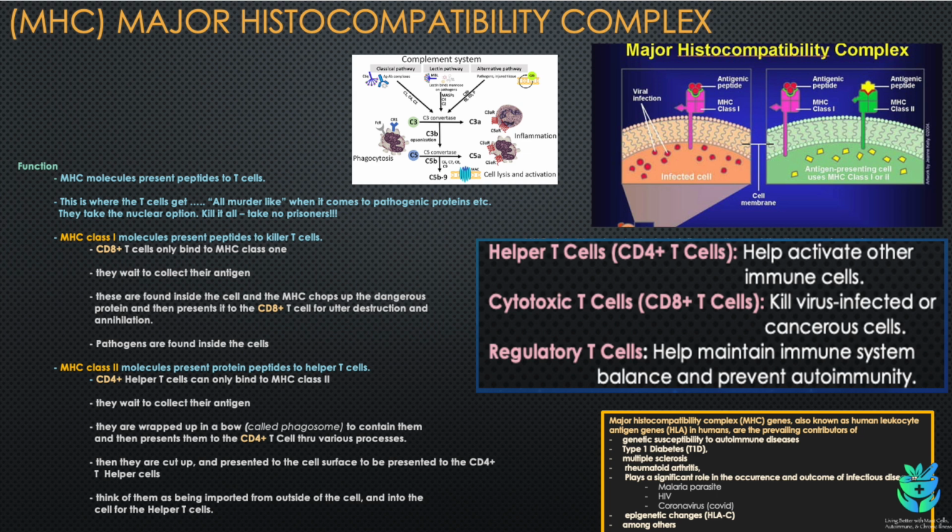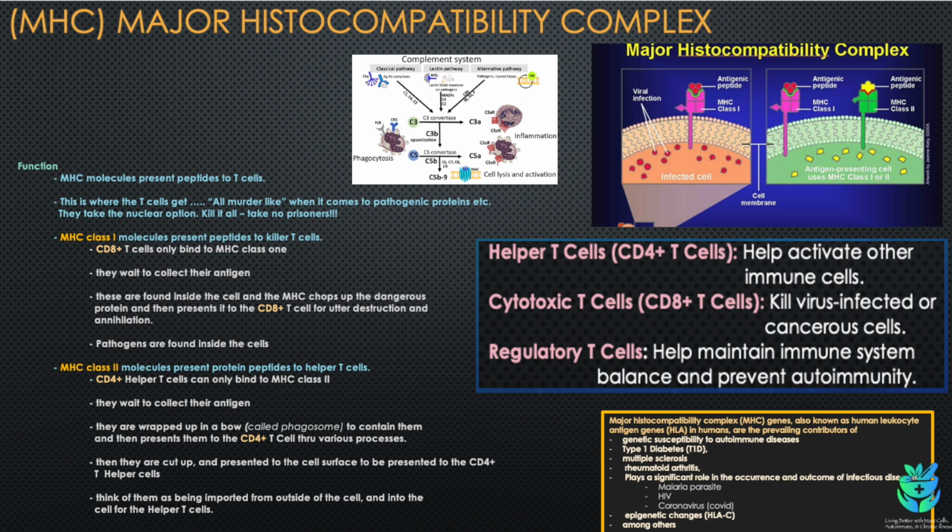These are found inside the cell, and the MHC chops up the dangerous protein and then presents it to the killer T cell for utter destruction and annihilation. Pathogens are generally found inside the cells. MHC class II molecules present protein peptides to helper T cells. That's your CD4+.